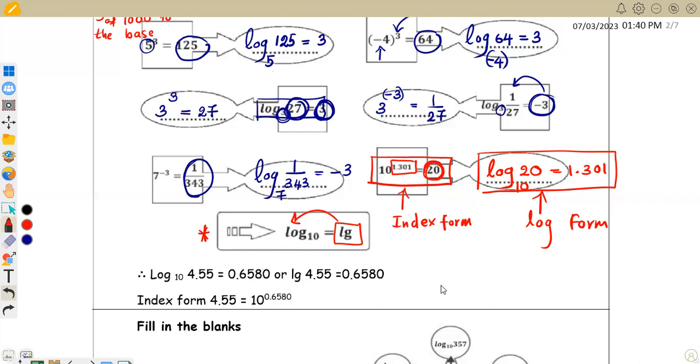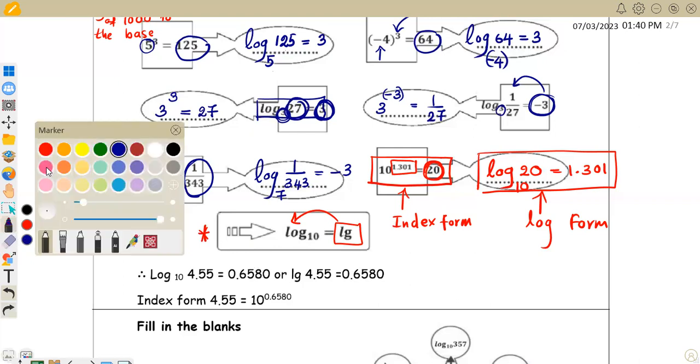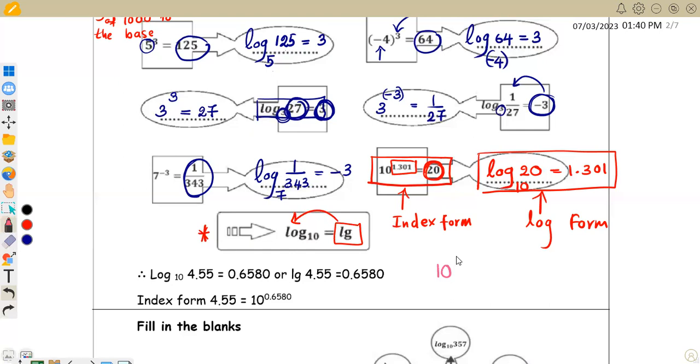Now you may think, if you are given 10 to the power of 1.301 equals 20, and you are asked to find the value of this, what is meant by this one?